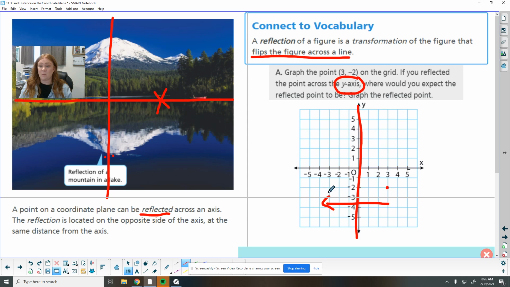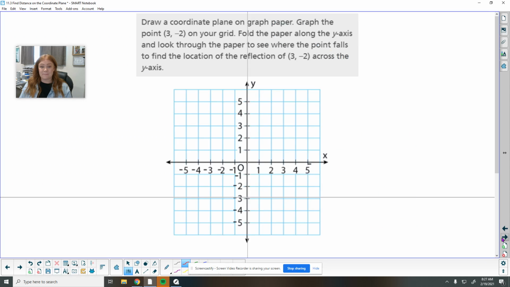So when I fold on the y-axis, they're in the same spot. So we're here, over 3, down 2. I want to go across this y-axis. That means it's got to be on the same line here. So if I fold that in half, we want this on the same line here.